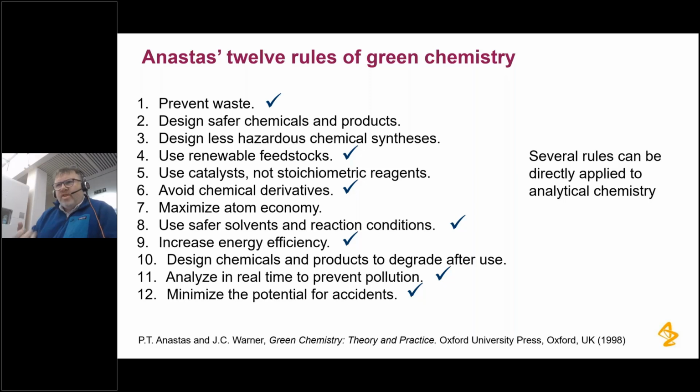Can we avoid derivatization using harmful chemicals and analyze the material as it's presented to us? Can we make sure that we're doing everything in the safest possible way using the safest solvents? And by doing this, can we also maximize the output from one given analysis, so that it analyzes multiple things at one time?